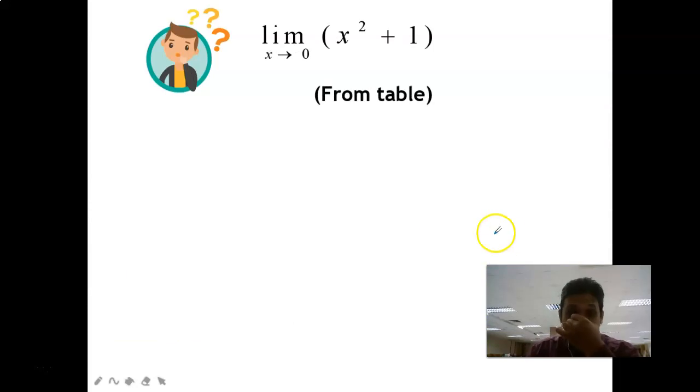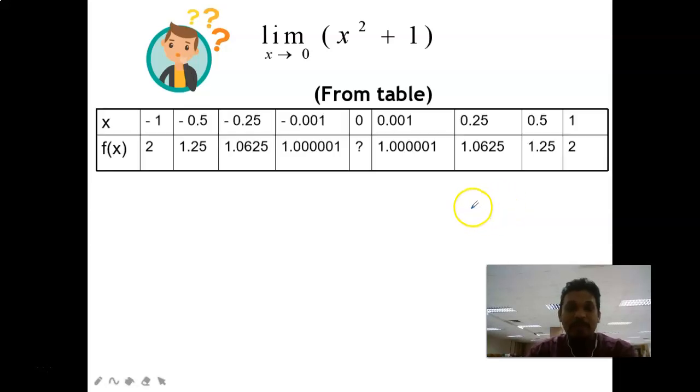Okay. From the table, the limit of x approaching 0 of x squared plus 1. This is what I'm talking about: x approaching a from the left. So when x equals 0, this is x exactly 0.